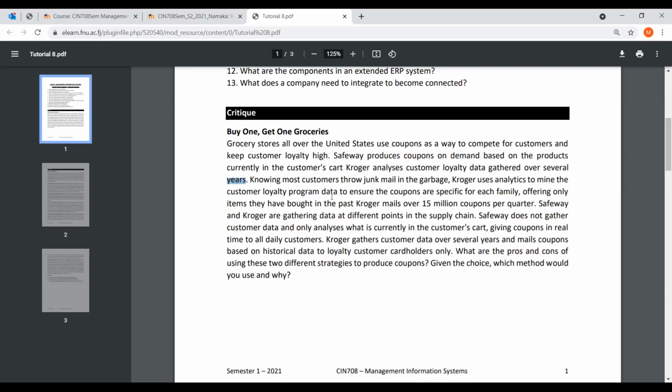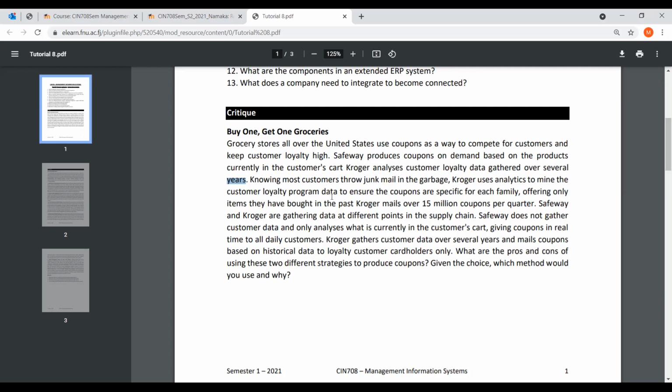However, if you have certain items in bulk which are not being sold over a period of time, you do not know which type of customers to market these products to, because you are not studying historical data. That would be one of the biggest disadvantages Safeway has.